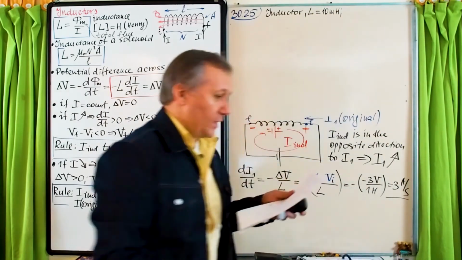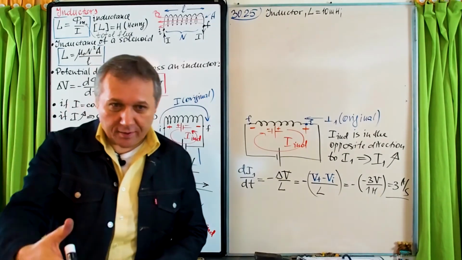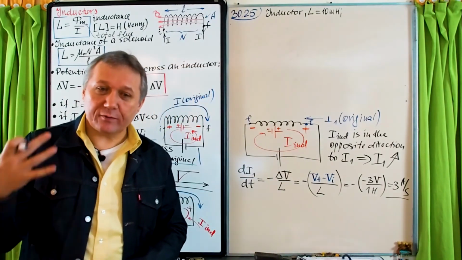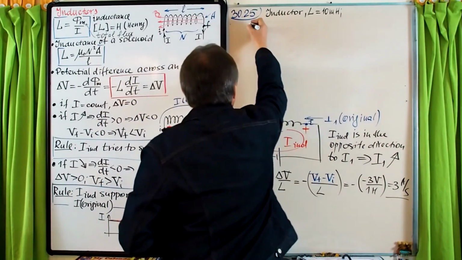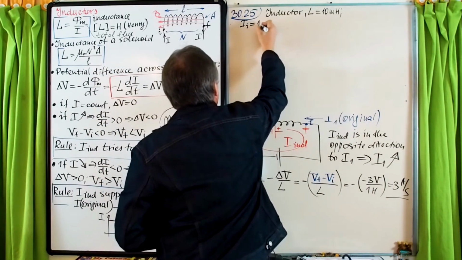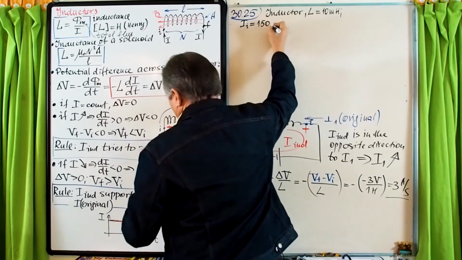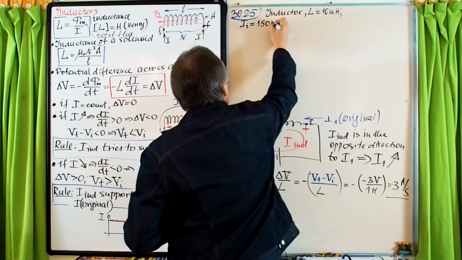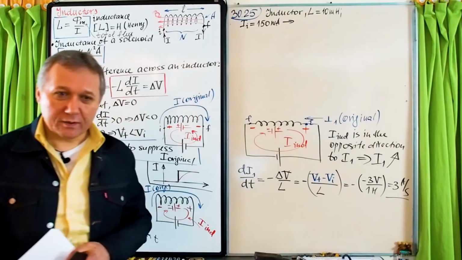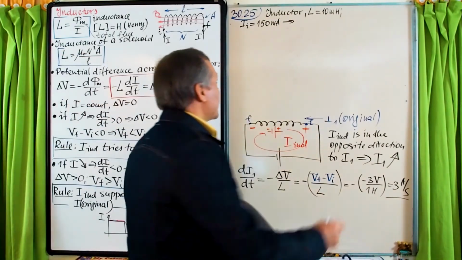Then there is an inductor, and of course there is a current flowing through that inductor. We know some information about that current. So we know that initial current is 150 milliamps. Yeah, milliamps. And then that current goes to final, which is 50 milliamps.